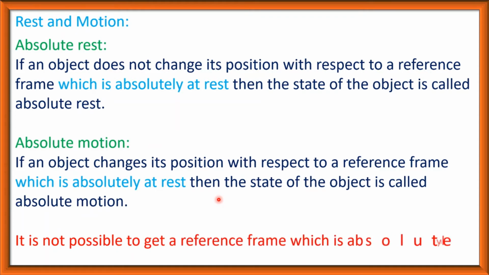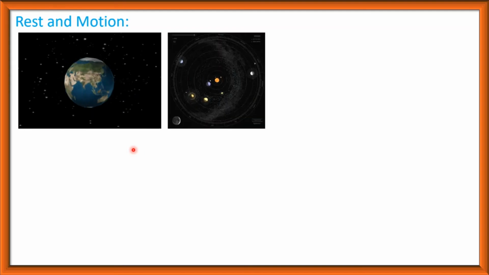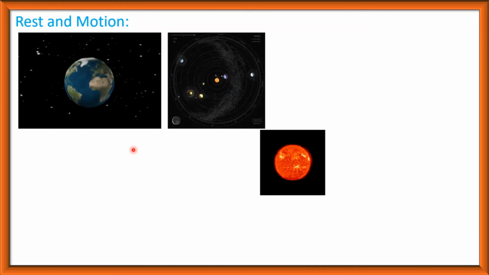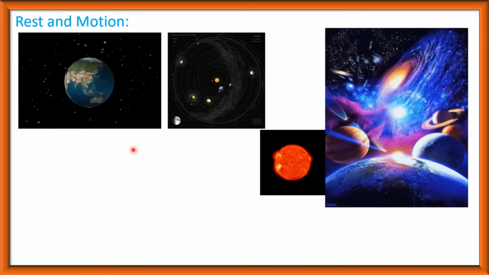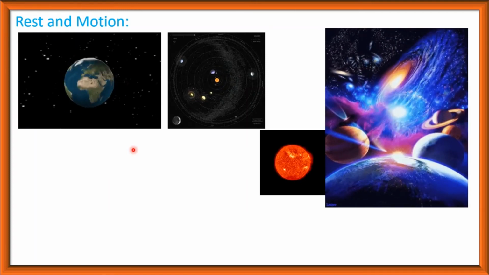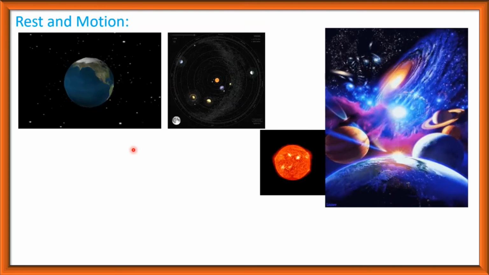It is not possible to get a reference frame which is absolutely at rest. So it is not possible to get absolute rest and absolute motion, because our earth is rotating about its axis and also rotating around the sun, and the sun is also rotating, and everything in our universe is rotating, that is, all objects in this universe are in motion.